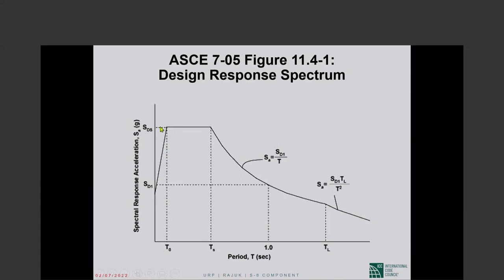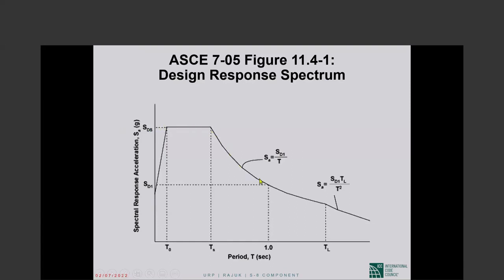This is the constant acceleration part of the spectrum for those into structural dynamics, and we will discuss that a week from today. Anyway, next week we will discuss that this is the constant acceleration part of the spectrum.